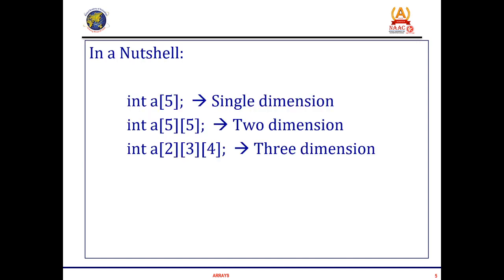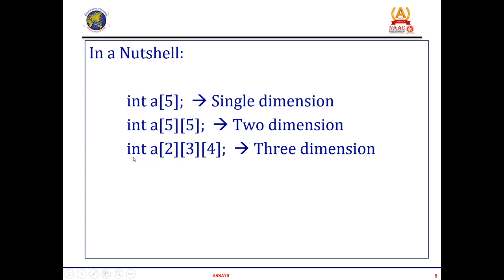So, in a nutshell, just have a look at it. The first statement is single dimension. The second statement is two dimension, where I have 5 and 5. 5 is the dimension for the first, and the next 5 is the dimension for the second. One of the important applications where we use two-dimensional arrays is in matrix problems, where the first dimension 5 represents the row and the second dimension 5 represents the column.